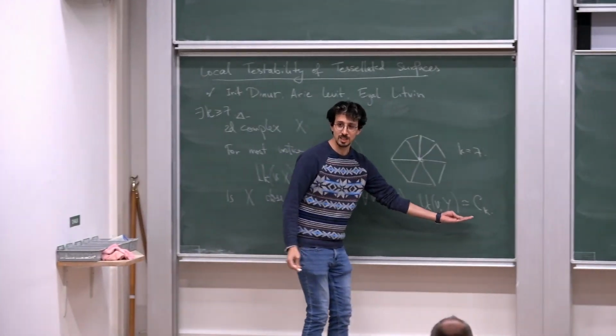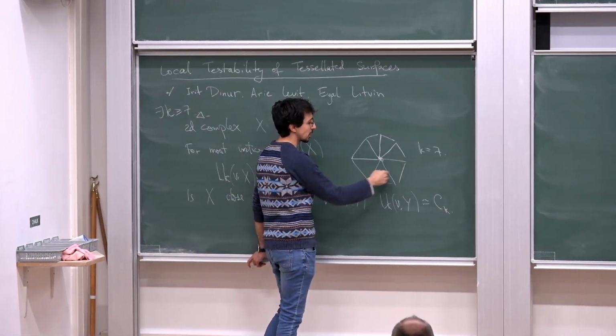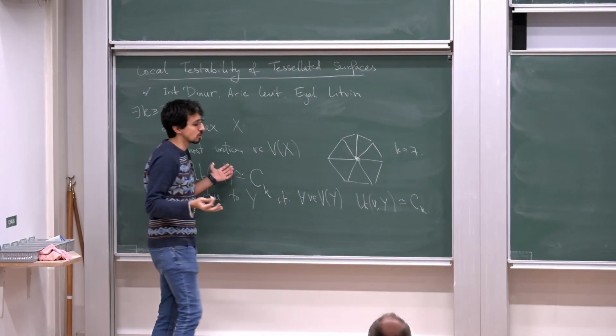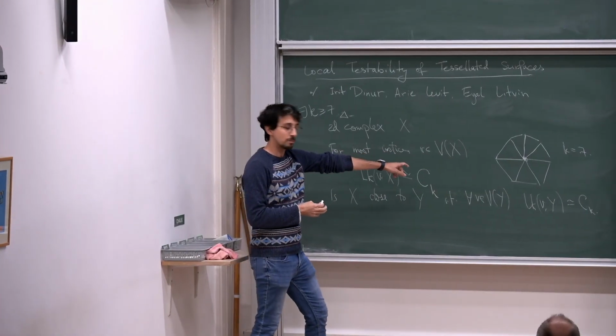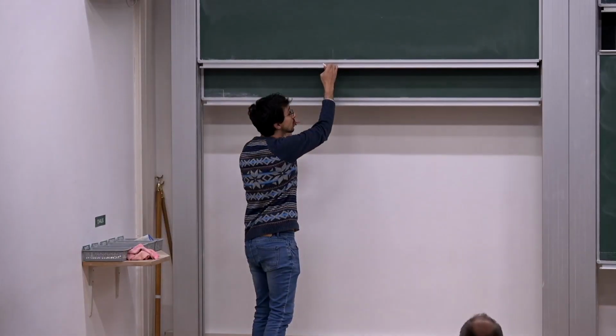So the point is, what does this condition tell us? It tells us that locally, around each vertex, what I see is this cycle. So globally, what I see is a surface, maybe disconnected, but a surface tessellated by triangles. Okay, so maybe let's record this.